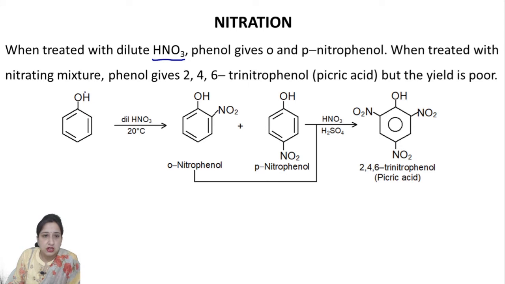Clear? So again, this OH group is activating this ring at ortho as well as para position. So initially we get a mixture of ortho product as well as some para product.